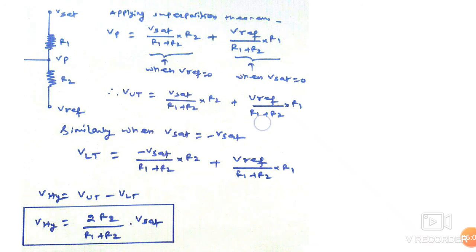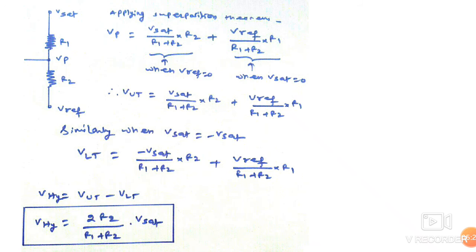By just applying the superposition theorem we can calculate this. Similarly, when output V0 becomes minus Vsat, the potential Vp is called VLT, that is the lower trigger potential, and this can be calculated likewise as we have calculated above.